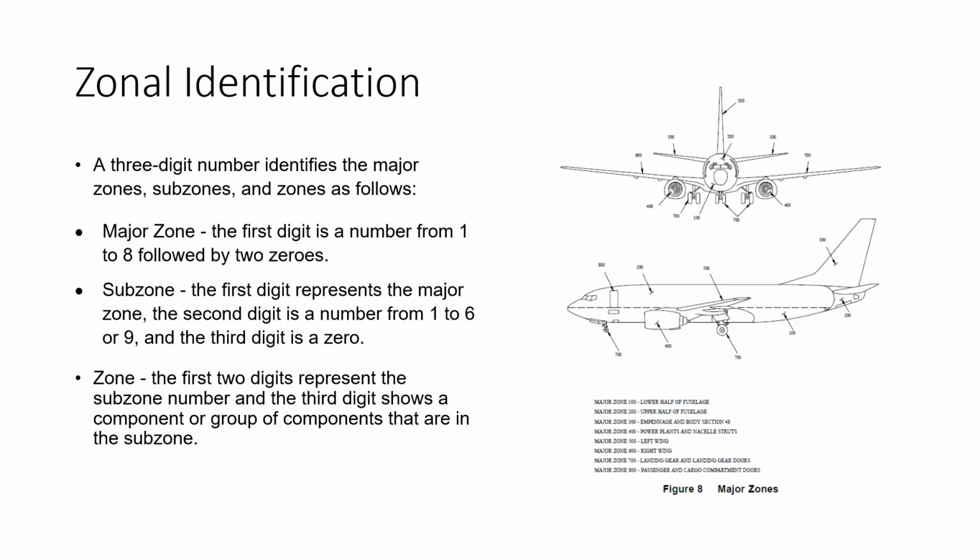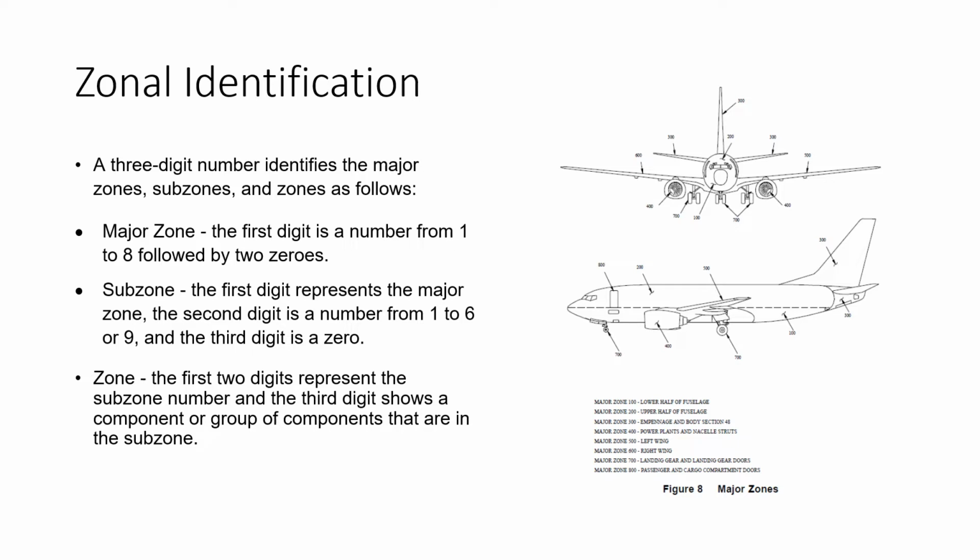So the major zone is the first digit of the 3-digit number, and it ranges from 1 to 8, followed by 2 zeros. The subzone, the first digit in the subzone represents the major zone. The second digit is a number from 1 to 6, or 9, and the third digit is a 0.